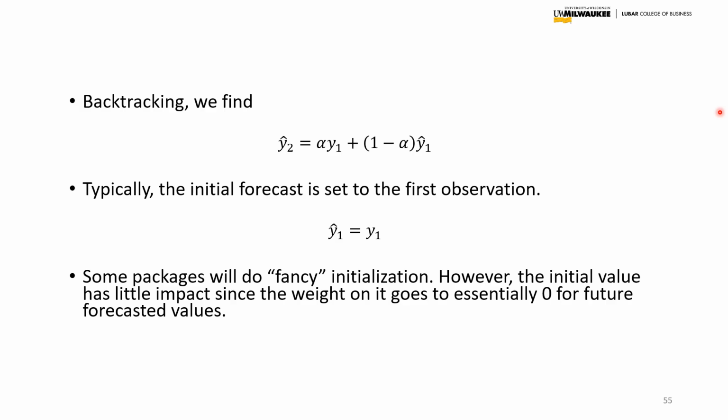We have to initiate this y hat 1 with a value. The traditional initiation is to set it as the first observation. Some packages will do some other fancy initializations, but in the end, it really doesn't matter because when we go far enough into the future, the impact of that initial forecast is totally dampened out.